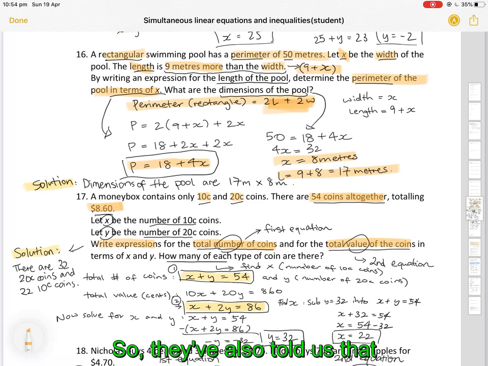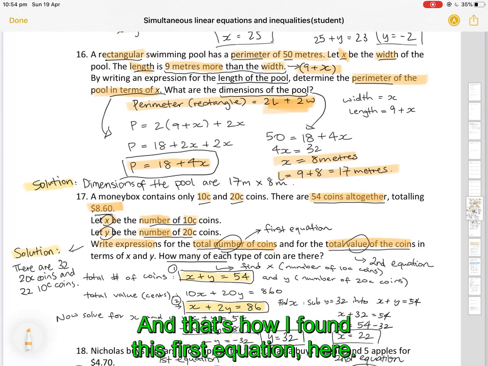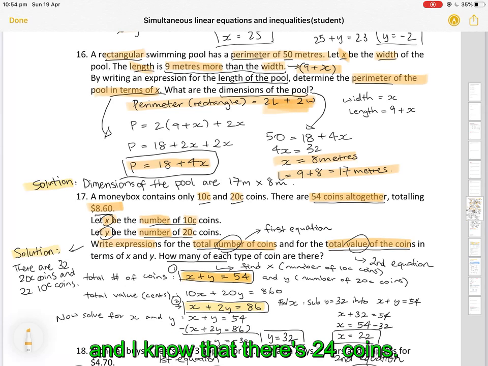They've also told us that x is the number of 10 cent coins and y is the number of 20 cent coins. And that's how I found this first equation, simply by adding x and y, and I know that there's 54 coins, so x plus y equals 54.